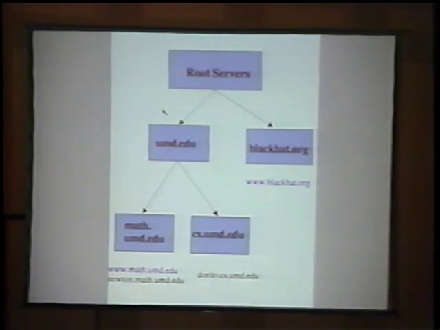Well, you can ask those central servers, hey, who's responsible for University of Maryland? And they'll tell you, go talk to a name server at the University of Maryland, and that machine will say, oh yeah, I know about University of Maryland, but we've delegated all the stuff about the math department specifically to this other machine. So go talk to it. So you can talk to that other machine, and then you can ask, hey, can you give me the address for something in the math department?